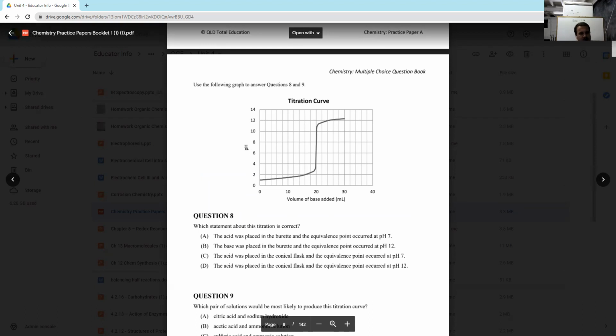Okay, so we titrate a strong acid and a strong base. So the burette is underneath. And you're dripping into, it started at pH 1. The acid is going to be the starting point. So the acid was placed in the burette and the pH point equivalent at pH 7.